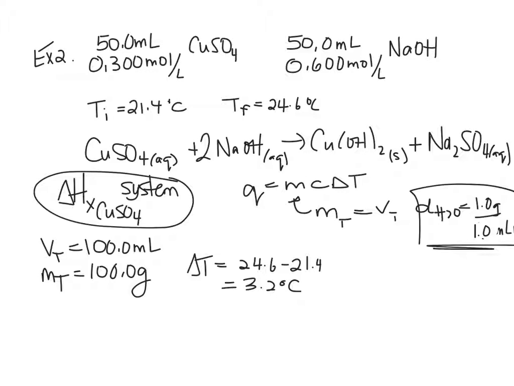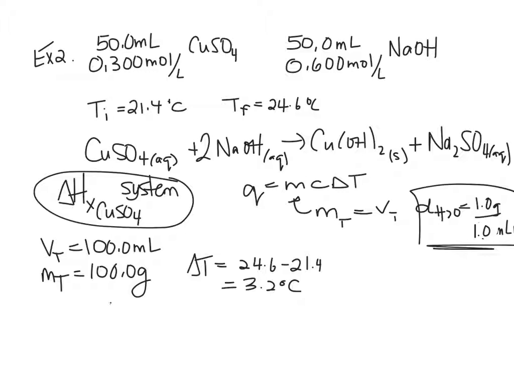So our temperature change is 3.2 degrees Celsius. So now we've got our mass, we have 2 dilute solutions, so we've got our specific heat capacity, and we've got our temperature change, so we can find Q. Once we have Q, we can find delta H, we can solve for delta HX.